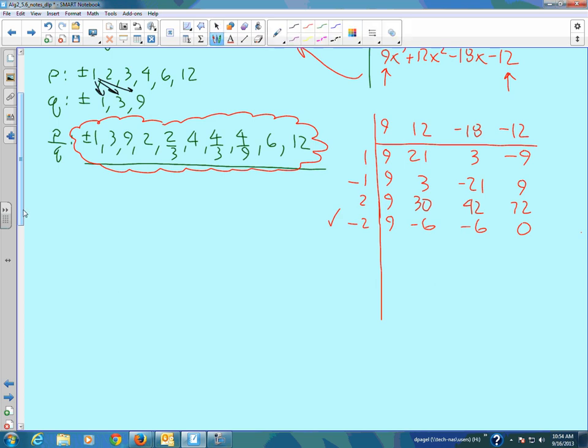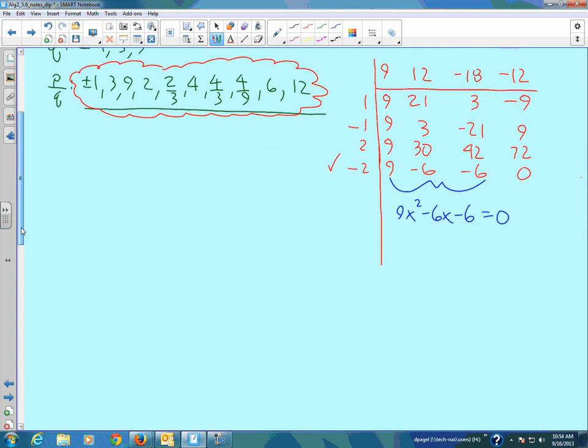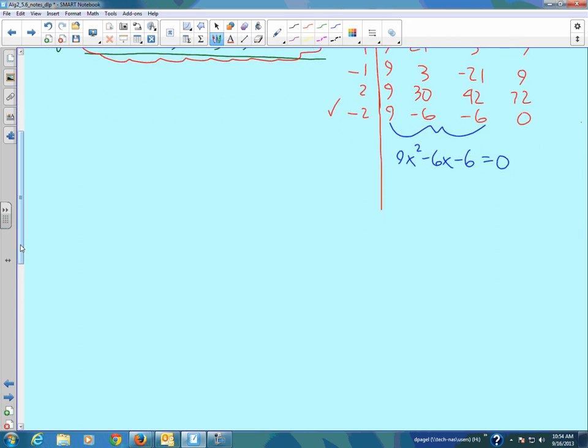And now we have a quadratic, 9x squared minus 6x minus 6, that we can set equal to 0. But looking there, I can see that I could pull out some GCF. Let's pull out a 3. And I get 3x squared minus 2x minus 2 equals 0. Can we factor the 3x squared?